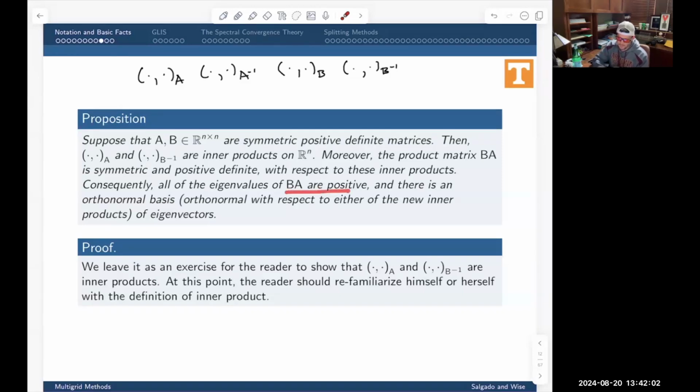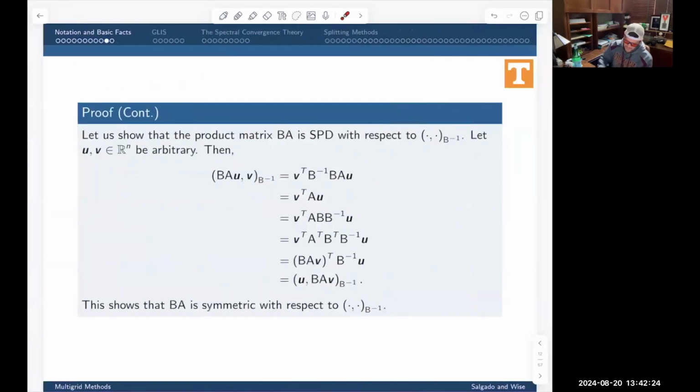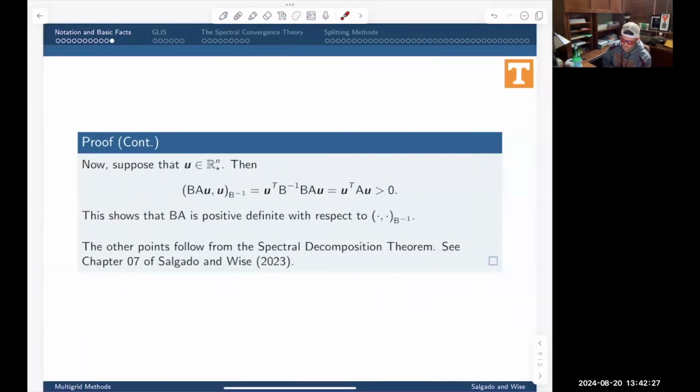The positivity comes from a slightly different argument, similar to the one we mentioned previously but didn't exhibit: if A is symmetric positive definite with respect to the Euclidean inner product, then all of its eigenvalues are positive, and it's a symmetric matrix. It's an if and only if thing. So that's how you finish up on those last few points. You need a generic spectral decomposition theorem to address one of the parts, but the positivity of the eigenvalues comes because of the positivity of this matrix with respect to an inner product.